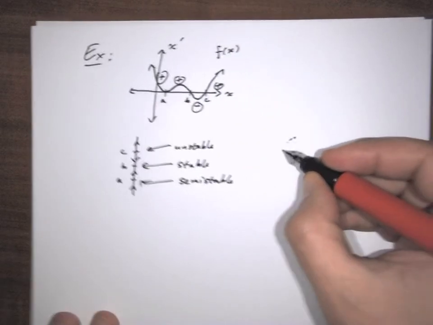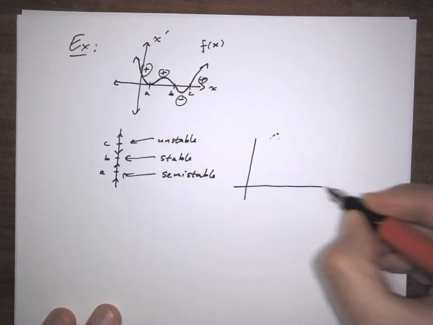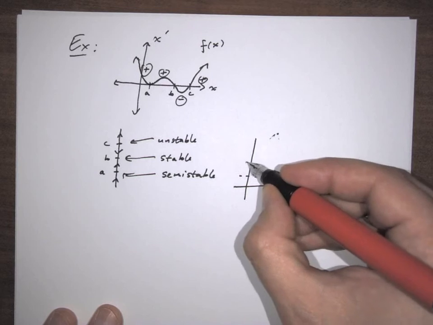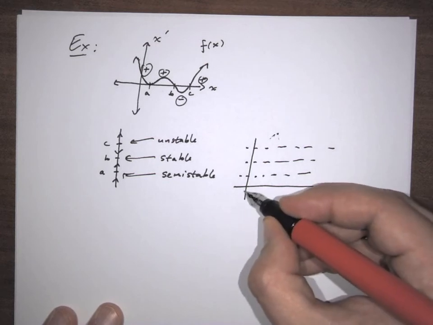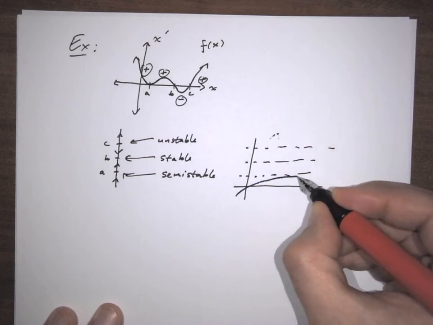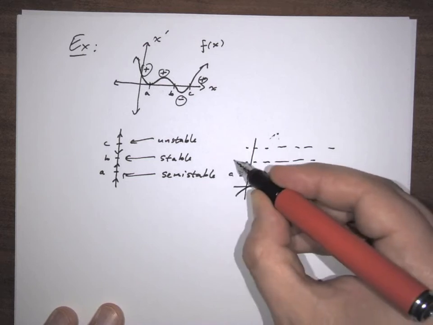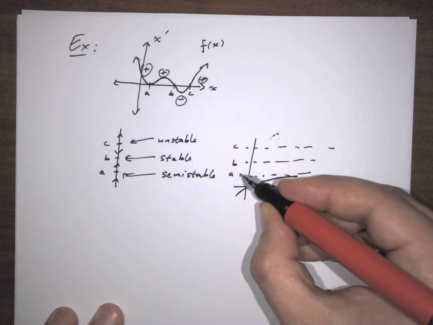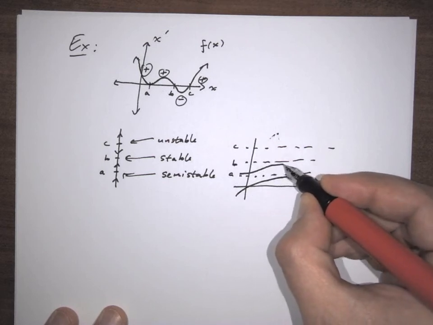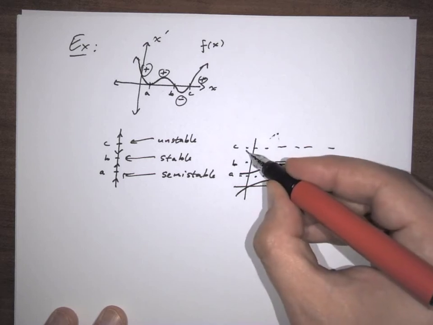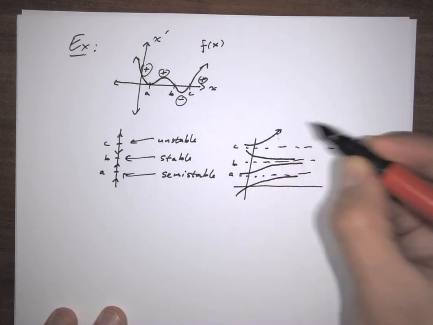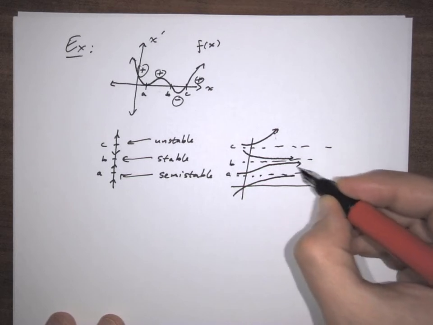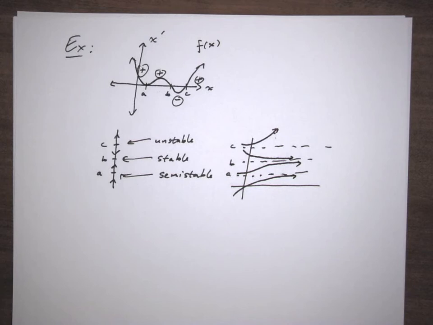And the way the solution curves for a differential equation with these three equilibria would look is anything below A would veer up towards it, anything above A would go up towards B, anything above B would go down towards it, and then everything above C would continue up away from C. The reason why these are called what they're called, and why they're worth studying, is that they tell you the behavior of those specific values.